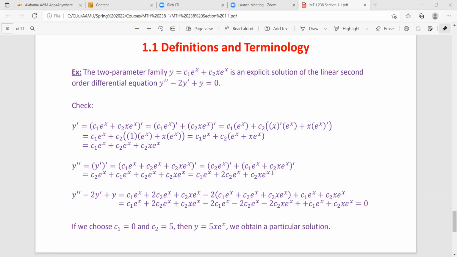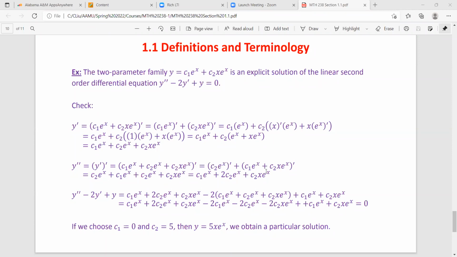And there's a reason why I do it in this way, not in 3 terms, because if you look at y prime, that's exactly the second part in here. So we already did the derivative of this part when we take the derivative with y itself, right? So we can use the result from y prime. That means we don't have to repeat. So the derivative of c2 e to the x is just c2 e to the x. That's easy.